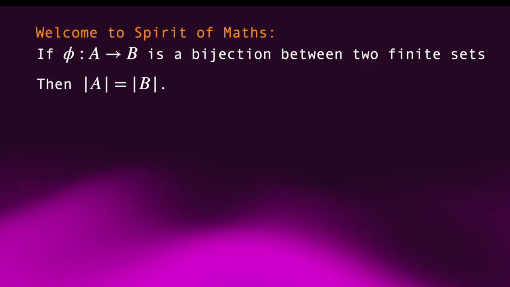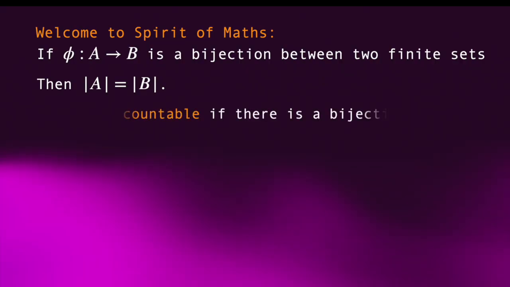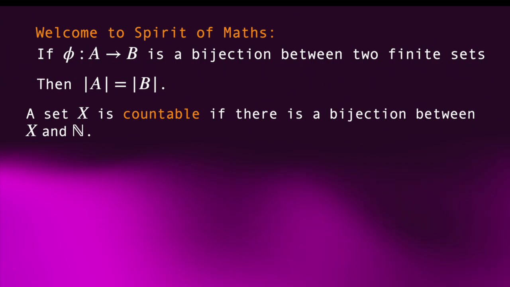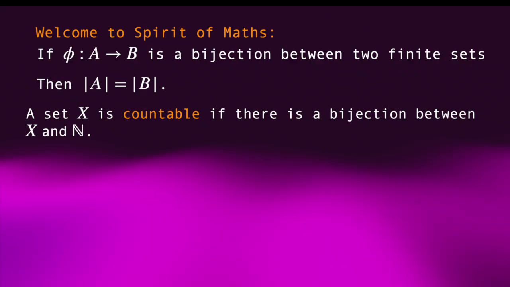But when we drop this finite hypothesis and we deal with infinite sets, we can see some strange phenomena. Let's start with sets which are in bijection with the natural numbers. These sets are known as countable.